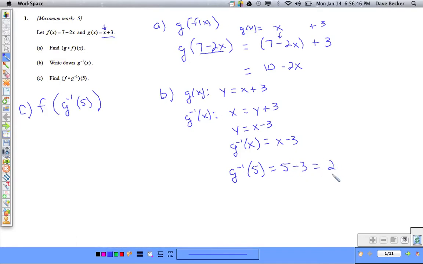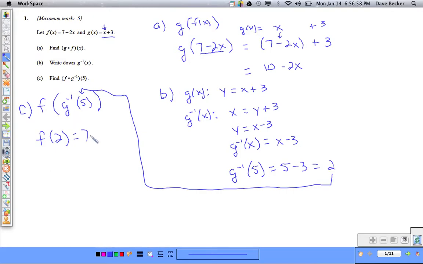So I am going to replace g negative 1 of 5 with what it equals, 2. So this becomes f of 2. And that just becomes 7 minus 2 times 2 from f of x up here, which is equal to 7 minus 4, which is equal to 3.